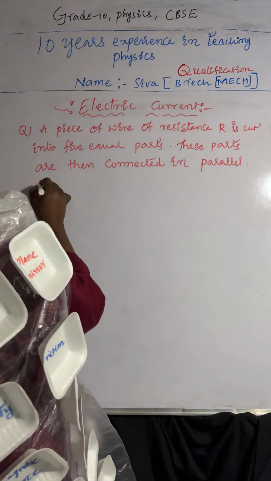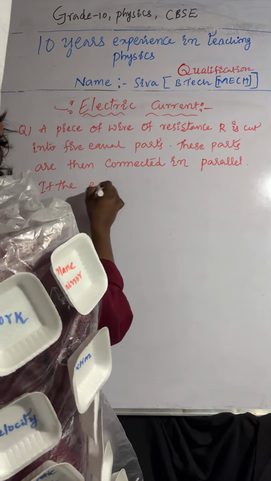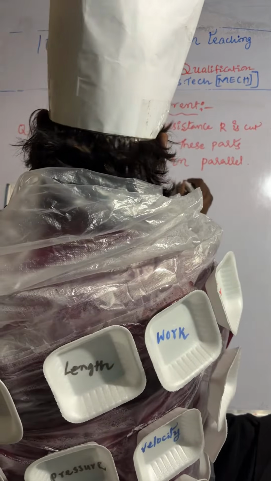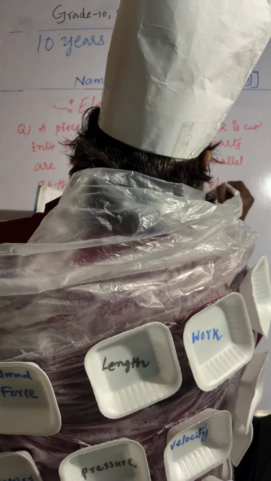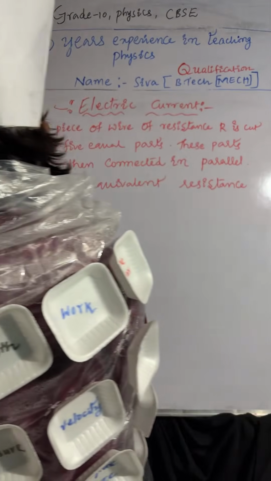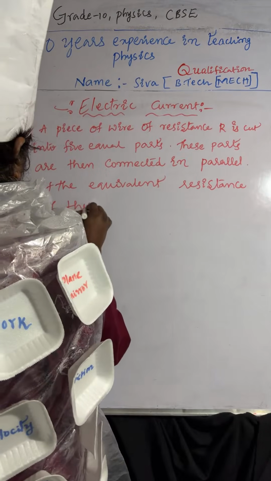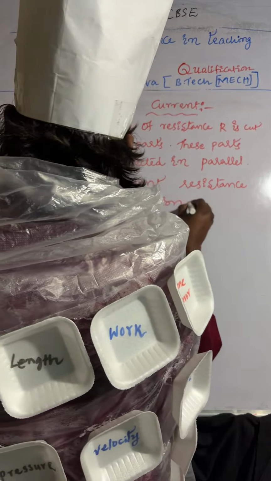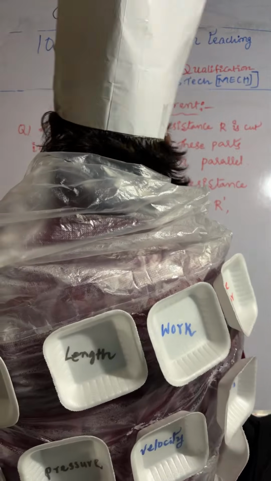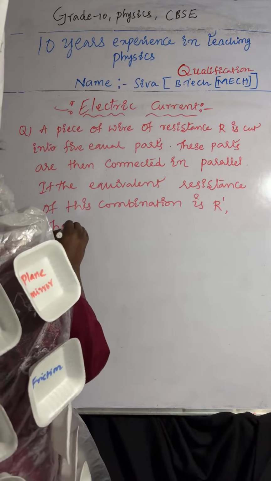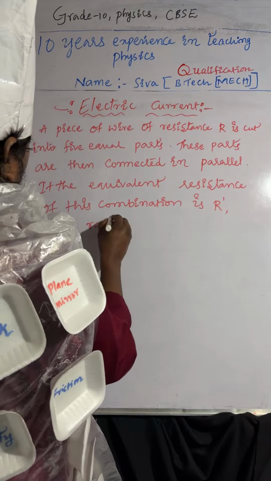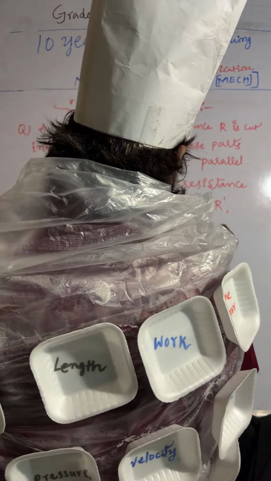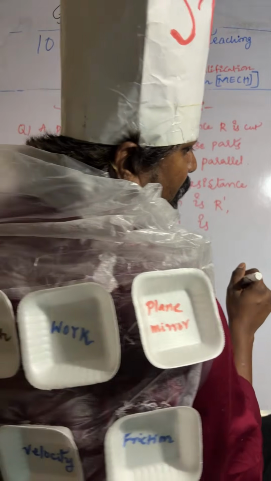If the equivalent resistance of this combination is R dash, then the ratio of R by R dash is, that is the question.